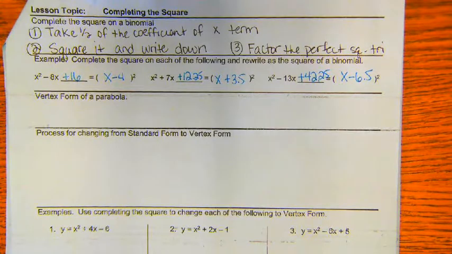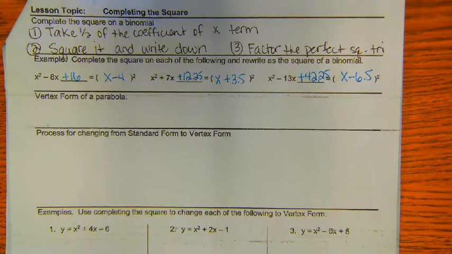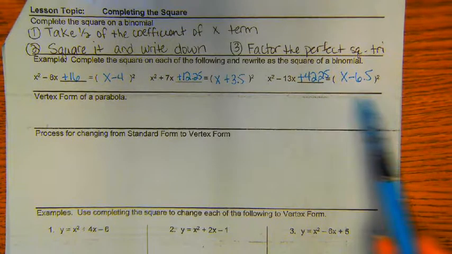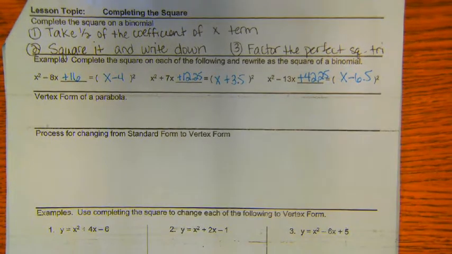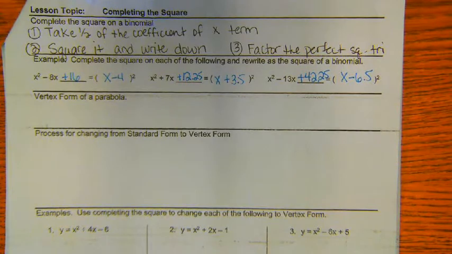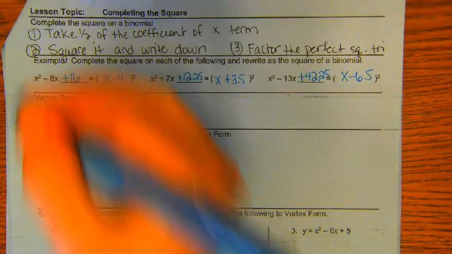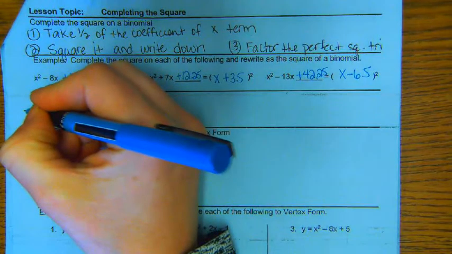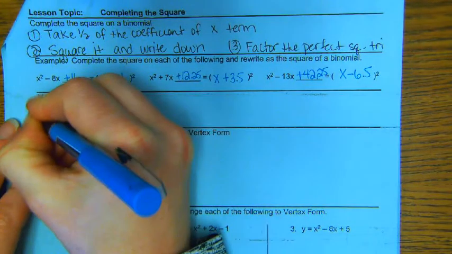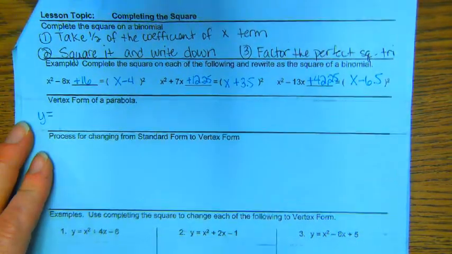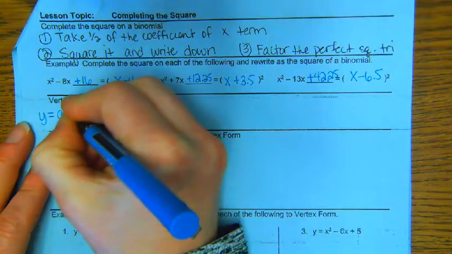Now, you might be wondering, why are we doing this all of a sudden when we're doing forms? Well, x minus h squared. Where do you see x minus h squared up there on the board? For which form? So the reason why we're doing this is we're going to try to get to vertex form.